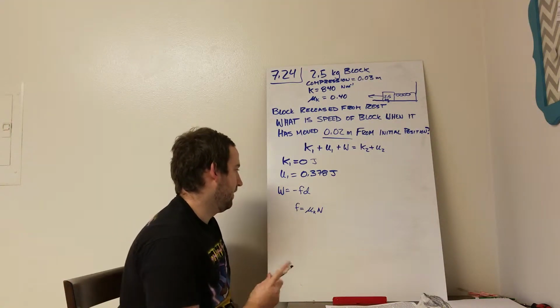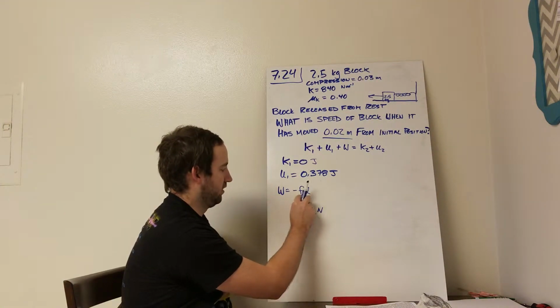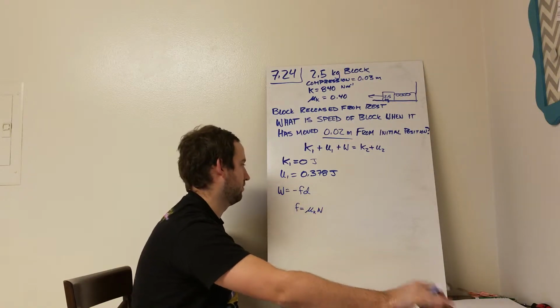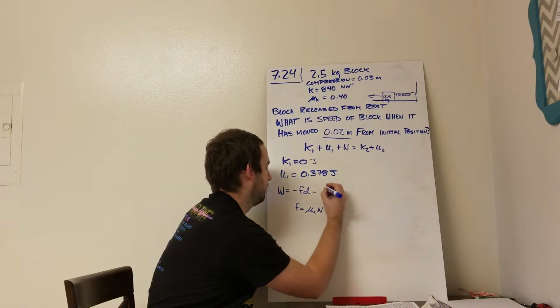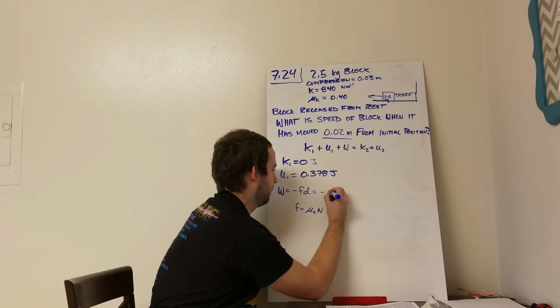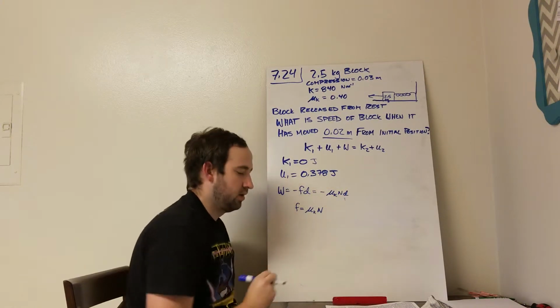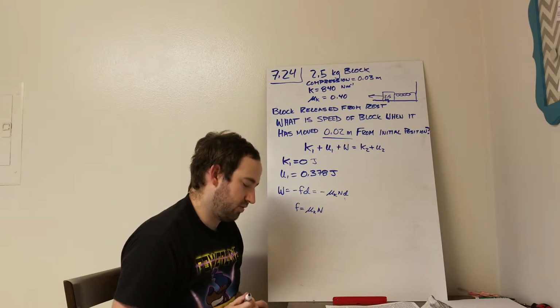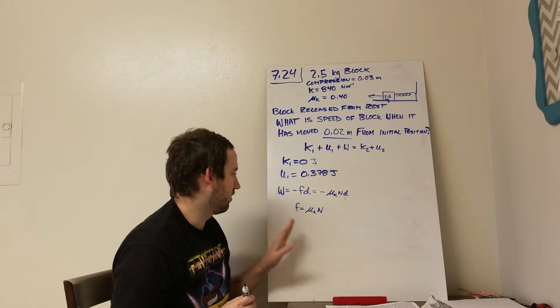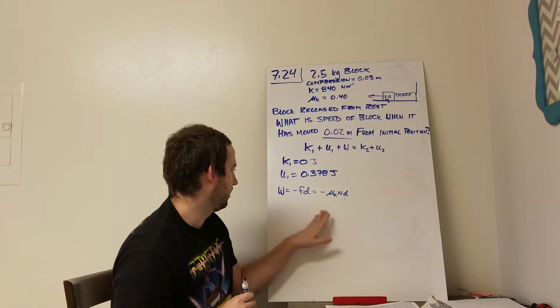So if we put this in here, we end up with negative mu k times N times d. So we've broken that up a little bit more. So now we can plug stuff in. We have everything we need.